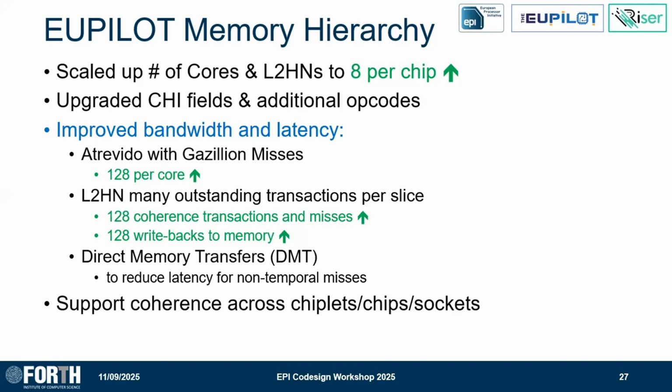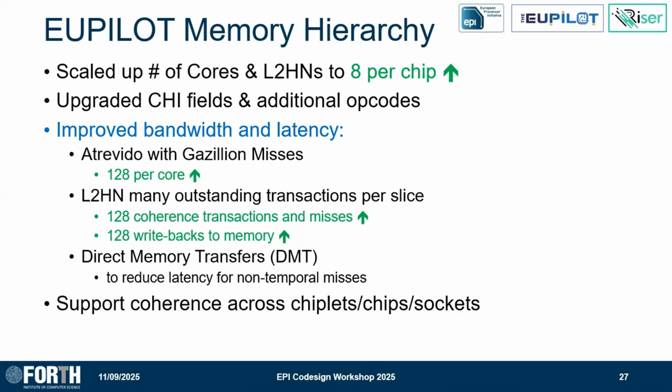If you multiply all this together, you will see that the memory hierarchy of this chip allows you to do around 2,000 outstanding transactions to memory. It's a very big number. I'm not sure if the LPDDR memory controllers, the LPDDR memories, could answer such potential requests from the cores, but I think it's a very interesting design.